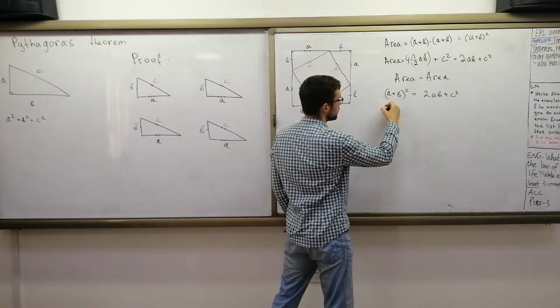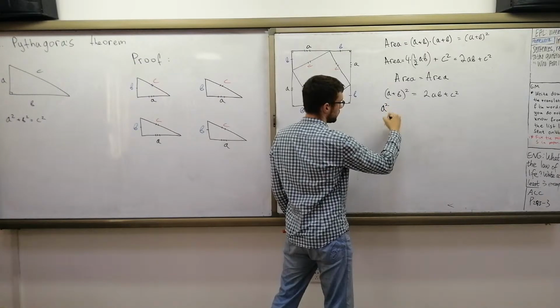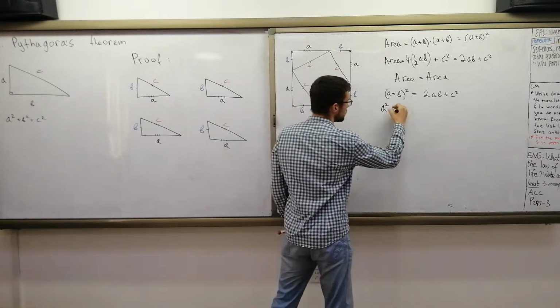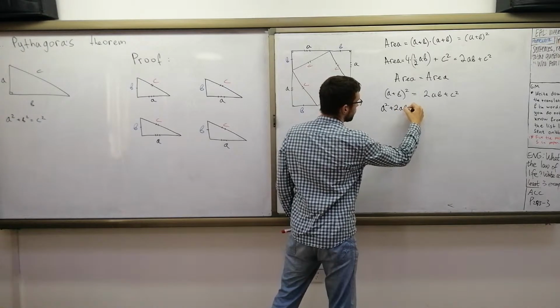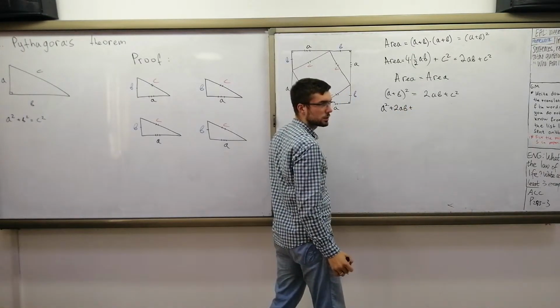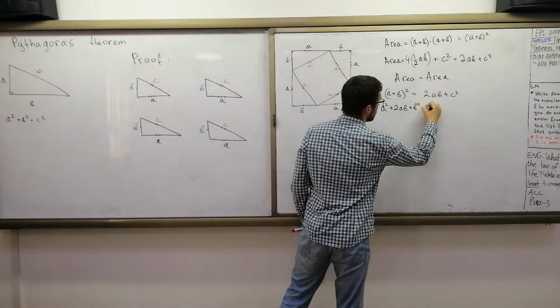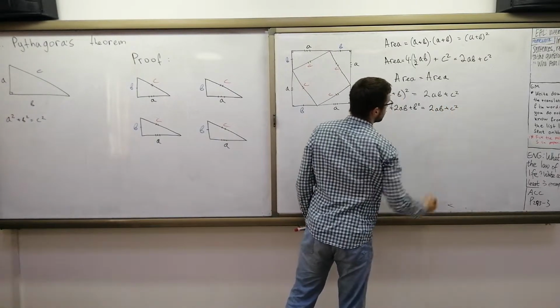A squared, plus 2AB, yep, plus B squared. And it is equal to 2AB plus C squared, right?